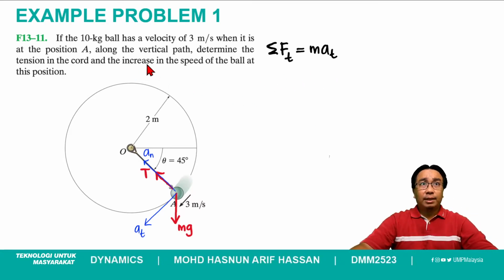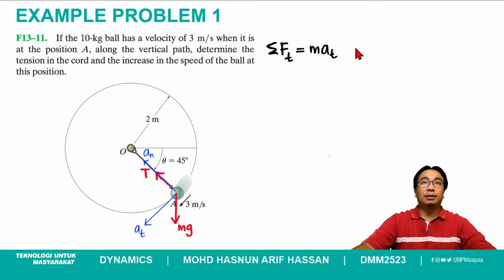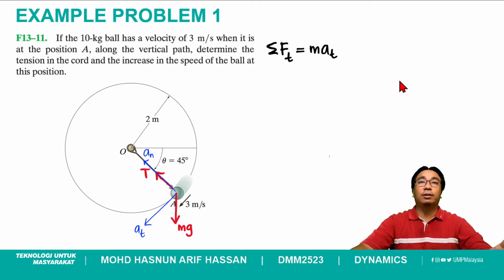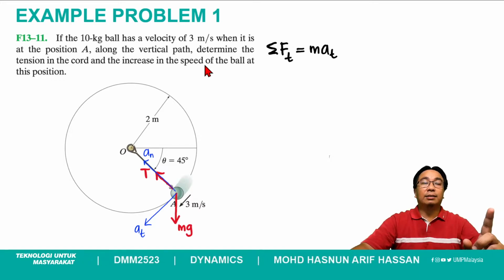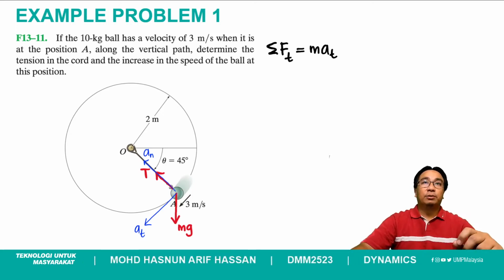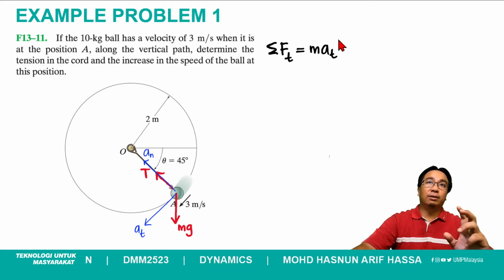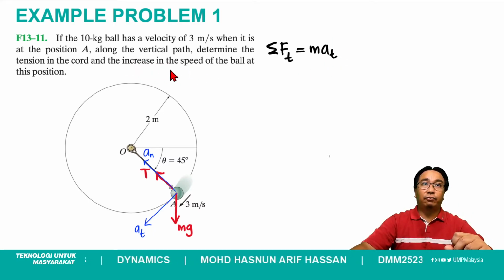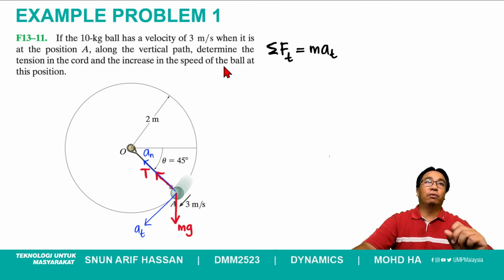And you see here the increase in speed of the ball at this position is defined by MAT, because AT is equal to V dot. Remember, V dot is dV over dt. So that is what it means by the increase of speed, dV over dt, the change of speed over time. So what we actually want to find here is AT. What is the value of AT?